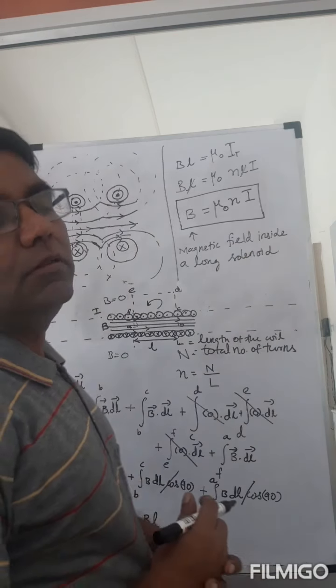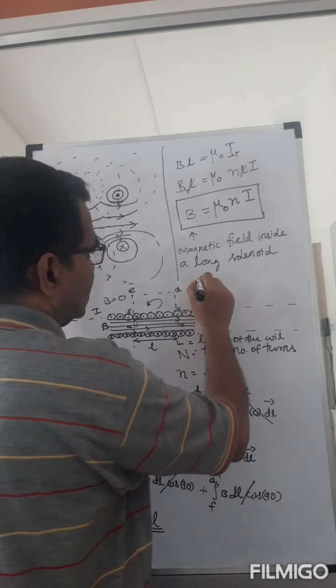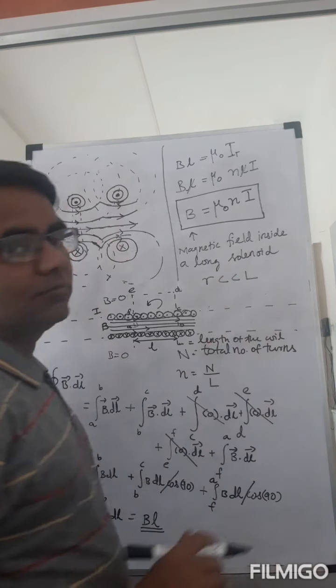Okay. In this case, the radius of the solenoid R is much less than the length.